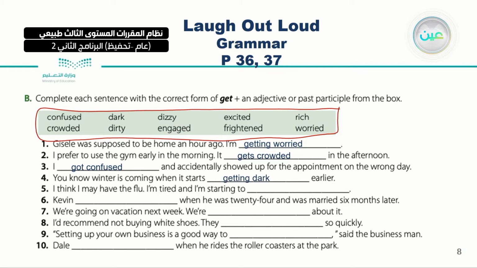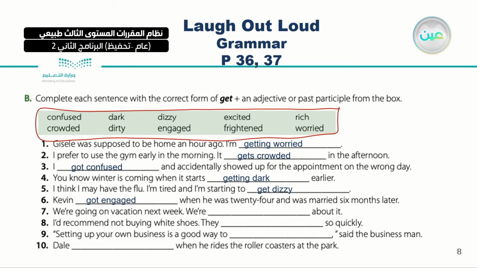5: I think I may have the flu. Why? I am tired and I am starting to get dizzy. 6: Kevin, when he was 24, was married 6 months later. So Kevin got engaged.